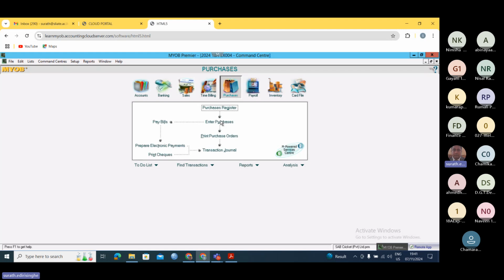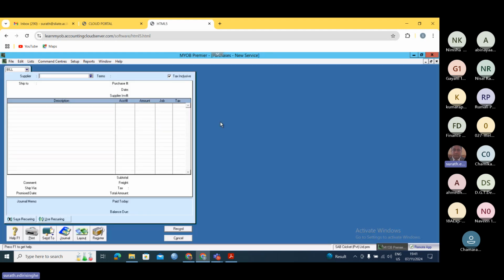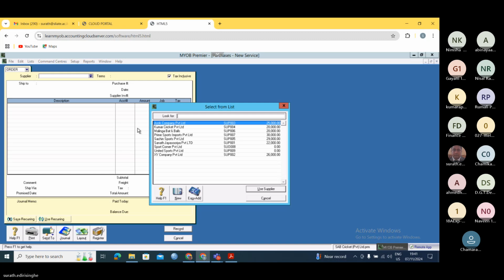Then go to recording the purchase order. Enter purchase. From this drop down, select the order or quotation. Note down this transaction step by step. Then select my first vendor, Ashok Company Private Limited.